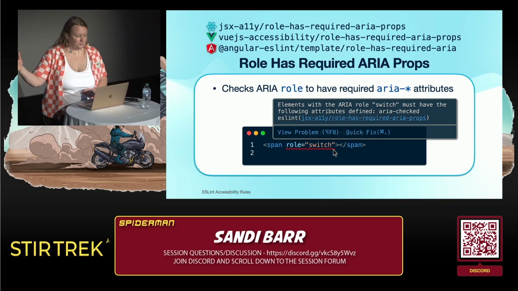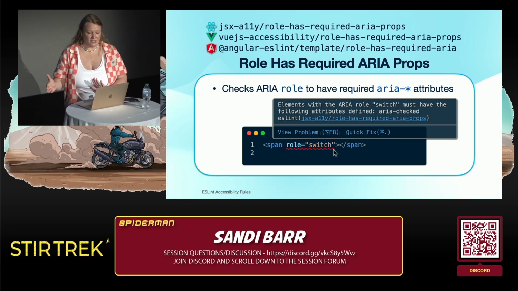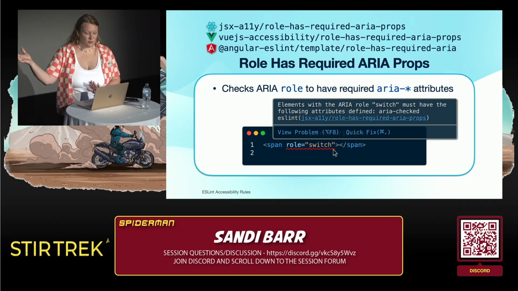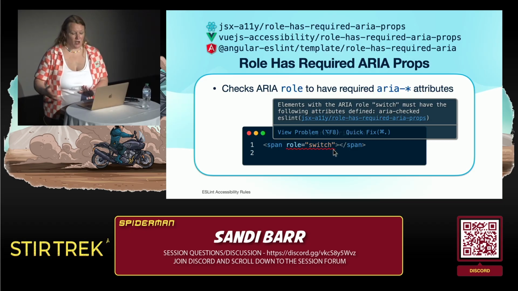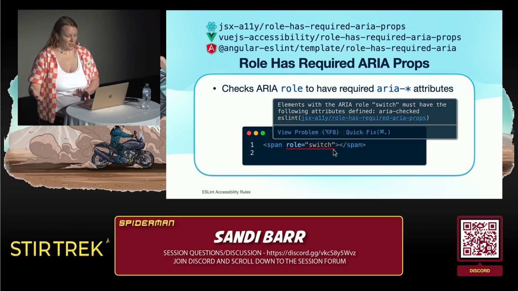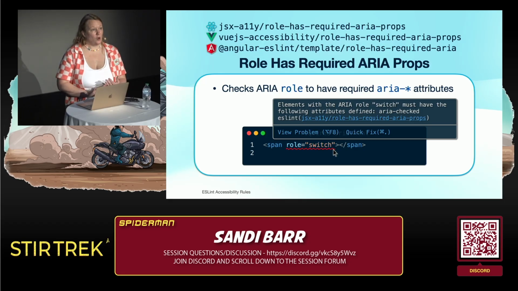This rule checks for elements with ARIA roles to have the required ARIA attributes. There are some ARIA roles that have required ARIA attributes to communicate state and other information to the Accessibility API, such as the combo box role that requires the ARIA controls and ARIA expanded attributes.